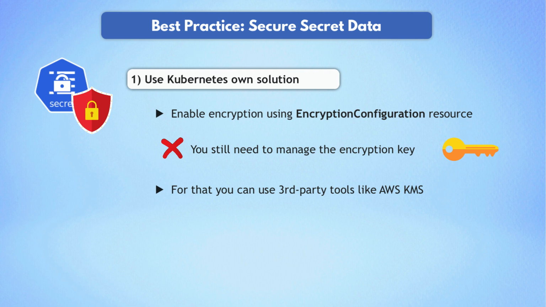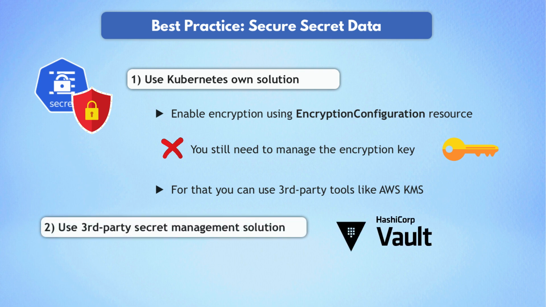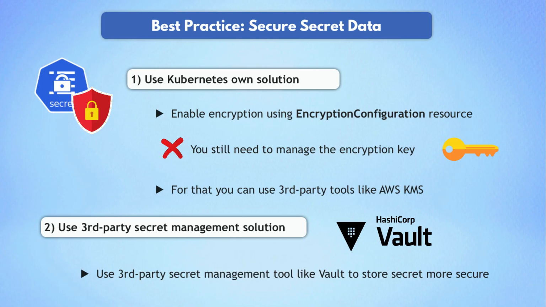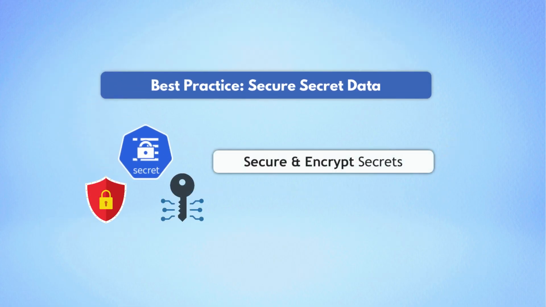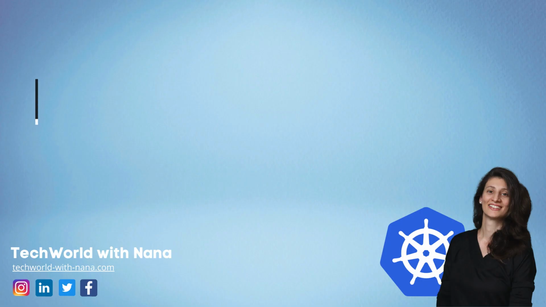Or a service like Vault from HashiCorp can be used to securely store the secrets themselves. And Vault would actually take over storing and managing the secret data. So securing and encrypting secrets is important and another security best practice.